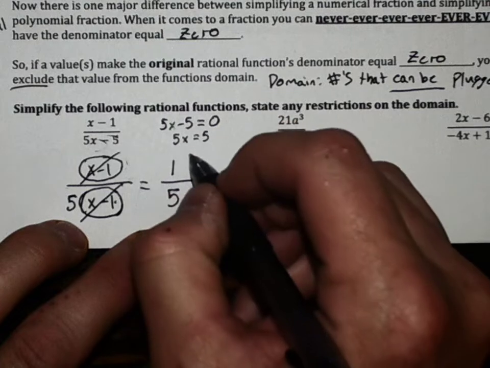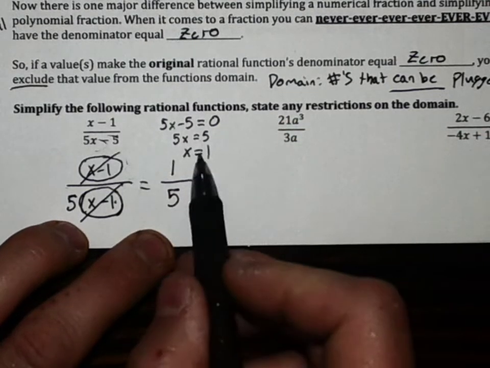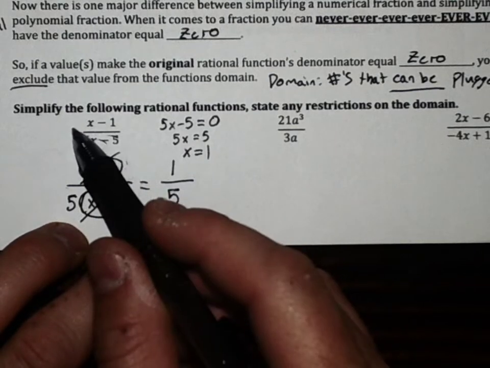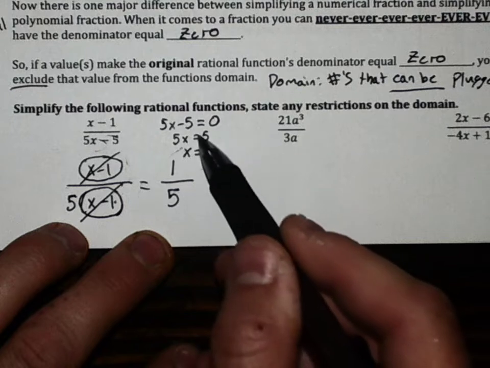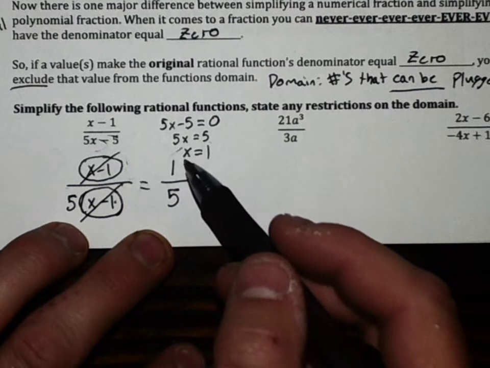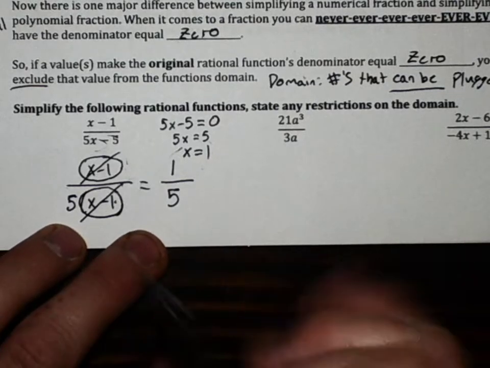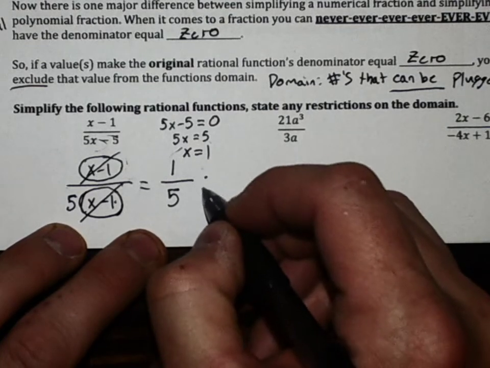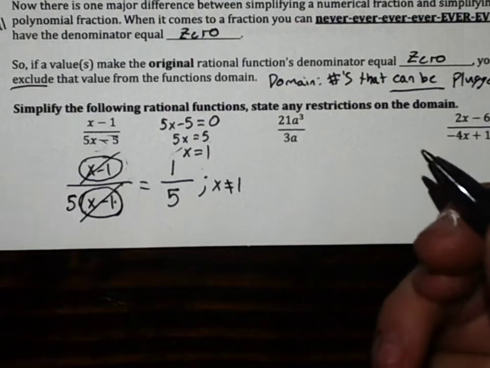You divide by 5, you get x equals 1. What makes the original problem's denominator equal 0? The answer is 1. This cannot be included in the domain. We must restrict it by saying x cannot equal 1.